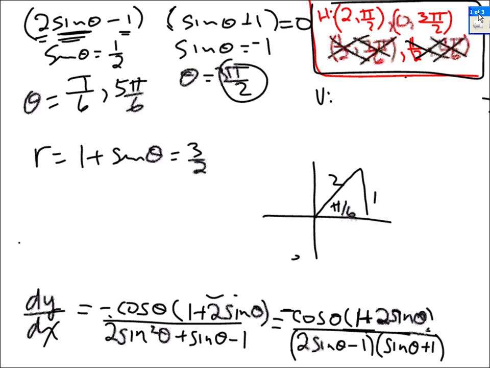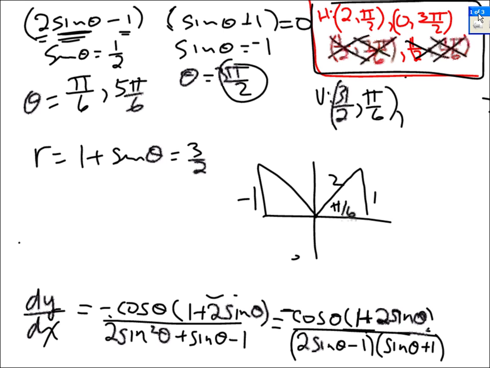So possible vertical ones will be 3 over 2 comma pi over 6. Now what about 5 pi over 6? That's over here.